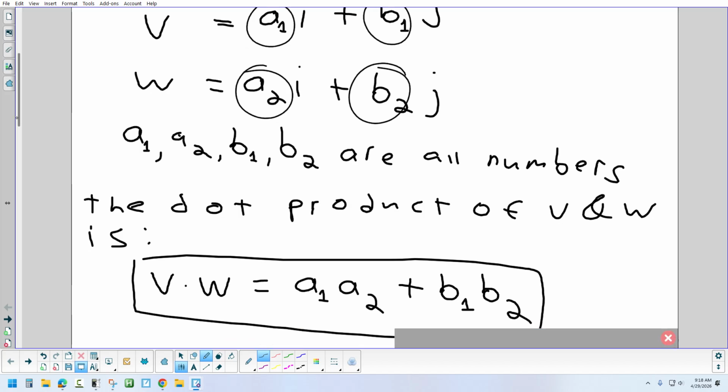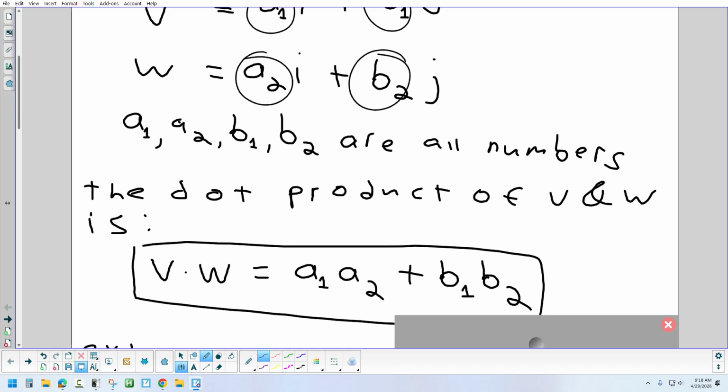So what I want to do is think about what kind of answer you get. We already know when you add vectors together, you get a vector. When you subtract vectors, you get a vector. When you scale a vector, you get a vector. How about when you find the dot product? Well, A1 and A2 are both going to be numbers when we do an actual problem. What do you get when you do a number times a number? You get a number. How about over here, a number times a number?